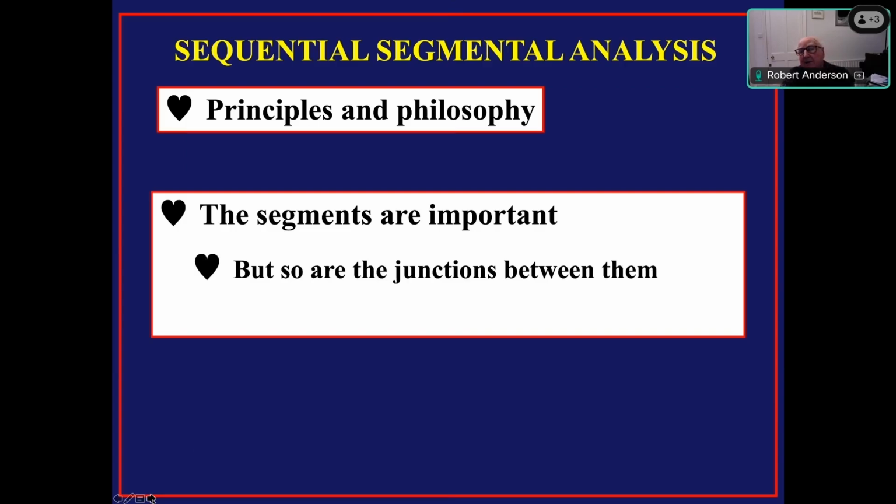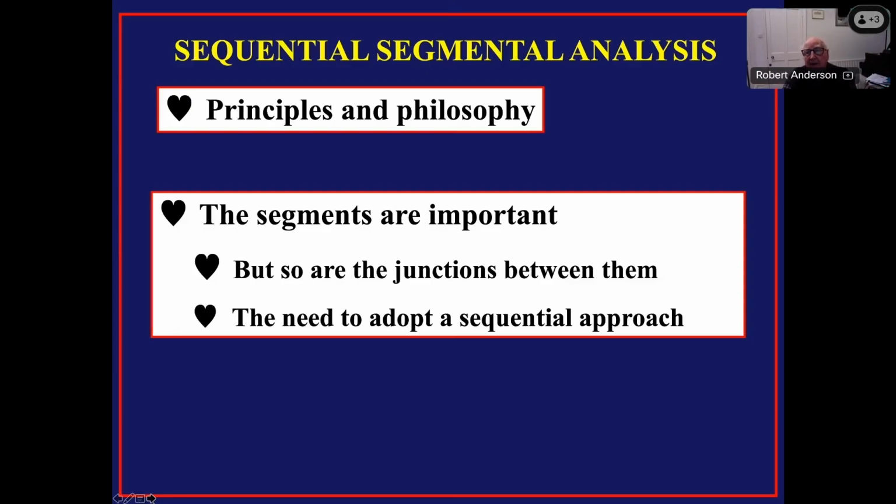Prior to that, angiography had been the first port of call when seeking to analyze the congenitally malformed heart. But now suddenly, for the first time, with far greater accuracy, you could look at the way the segments were joined together.